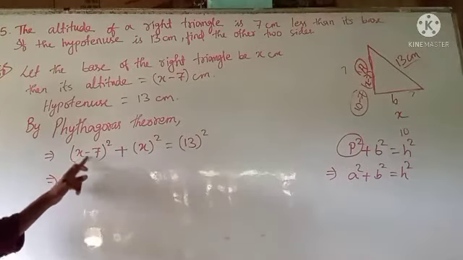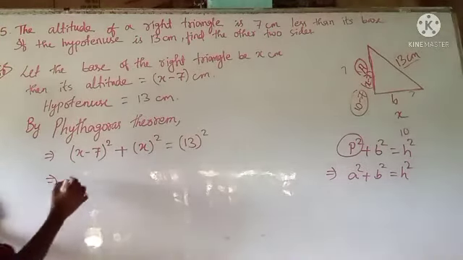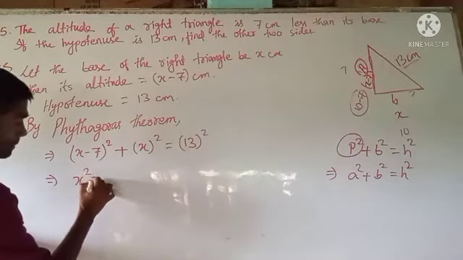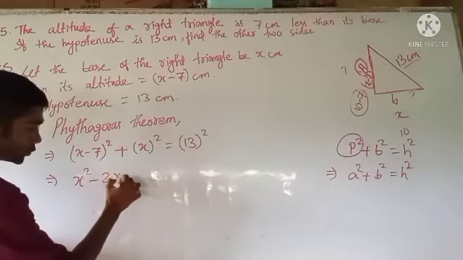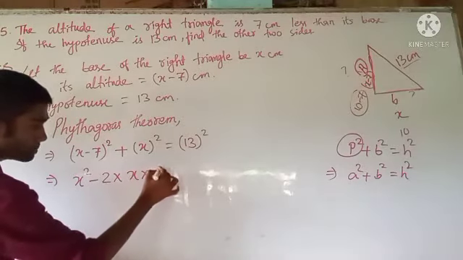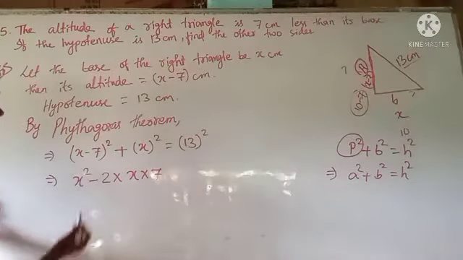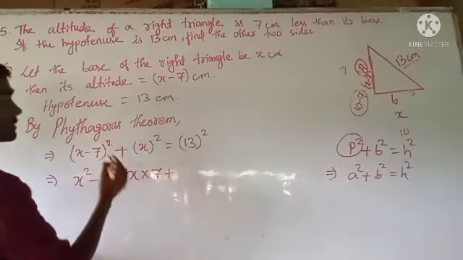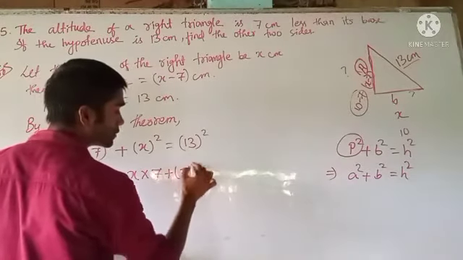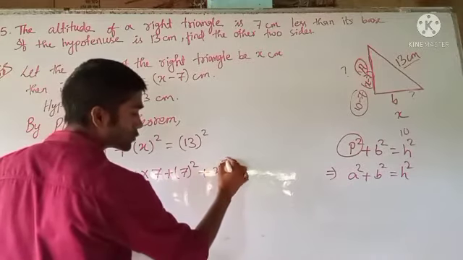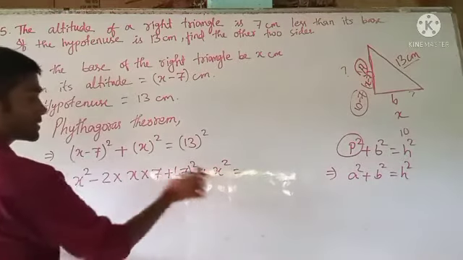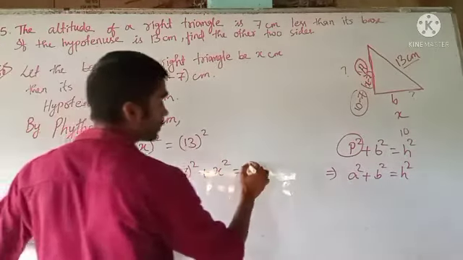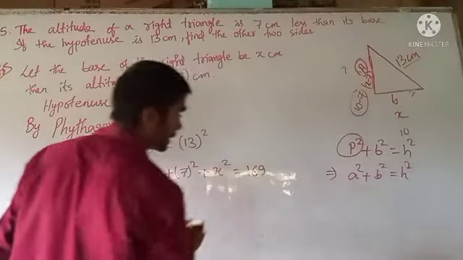Now we'll use one formula here: (a minus b) whole square is a square minus 2ab plus b square. Here b is 7 and a is x, so plus 7 square, plus x square is equal to 13 square, which we know is 169.